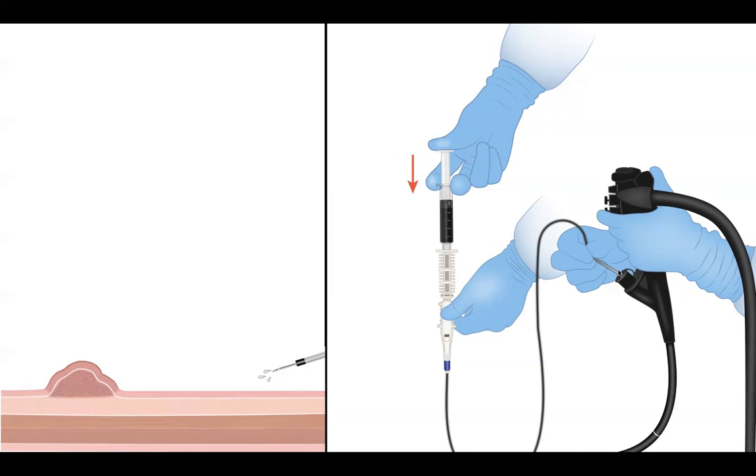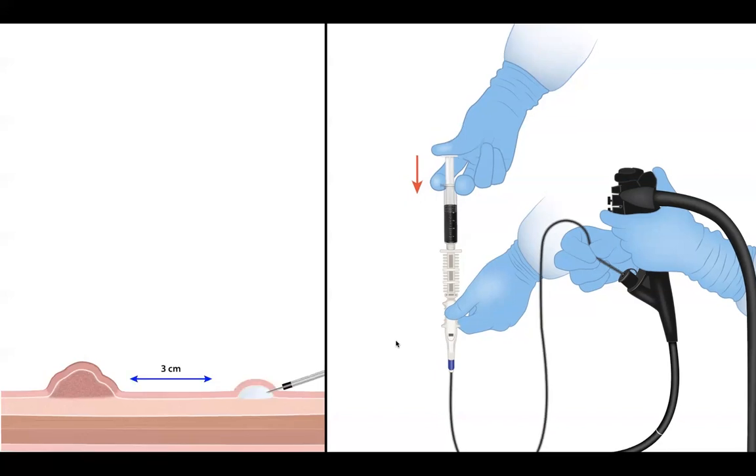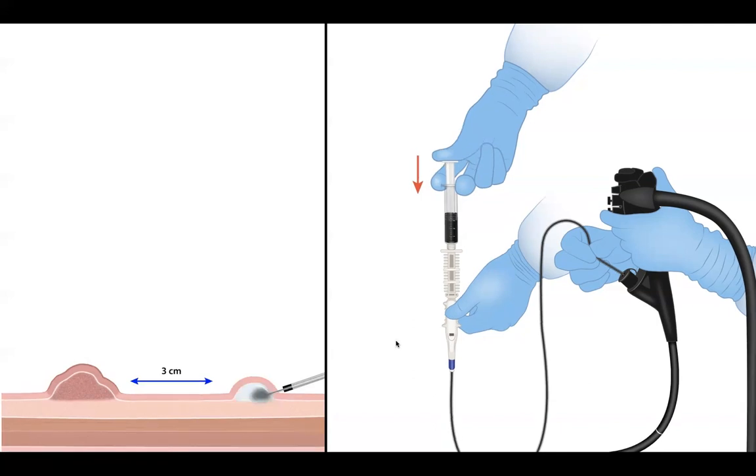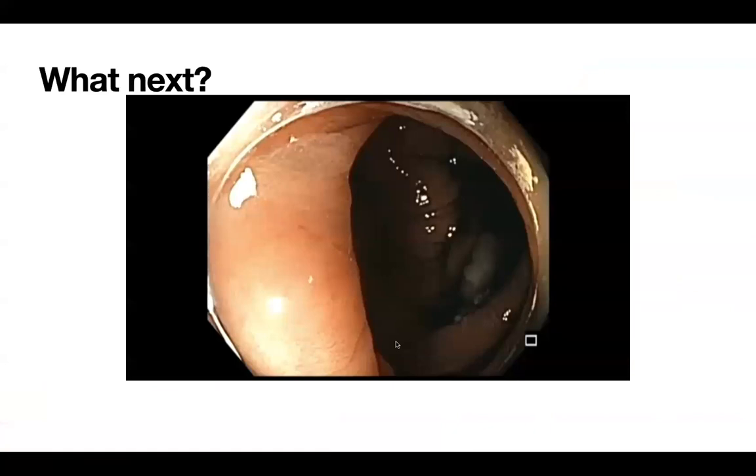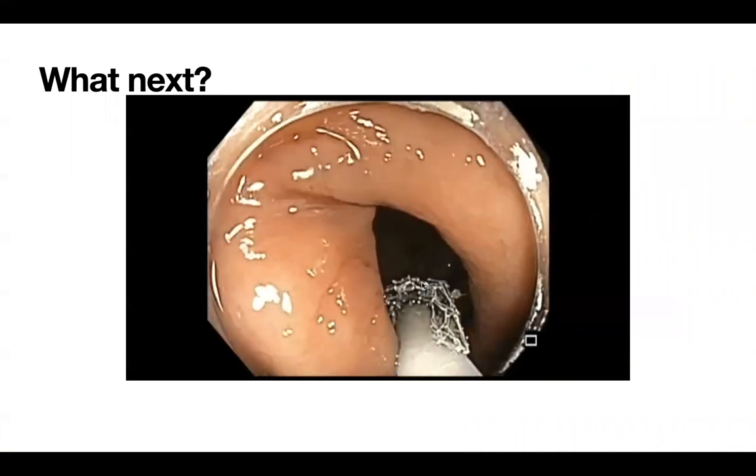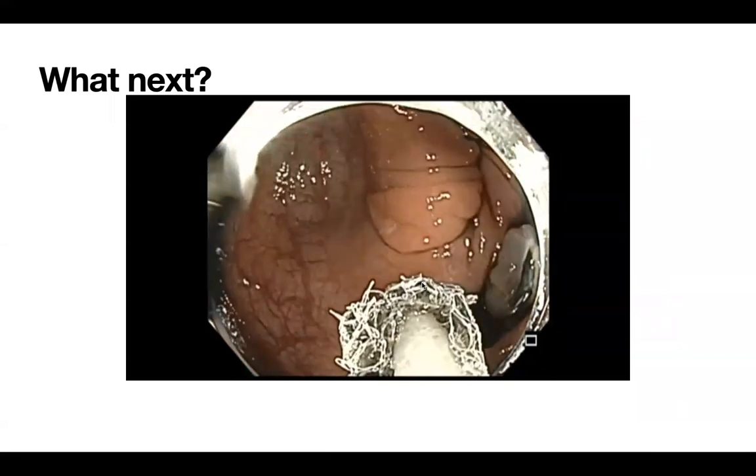That means I still have about a cc of fluid or more in my needle. Then I create the saline bleb, and as I inject more, I fill the saline bleb with tattoo. So this allows you to create a clean submucosal bleb and tattoo. I wanted to share that because it's important to do this.